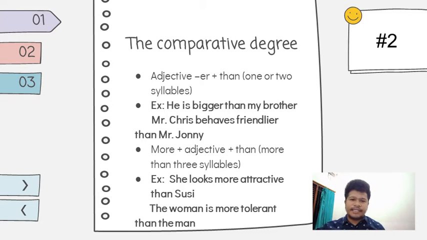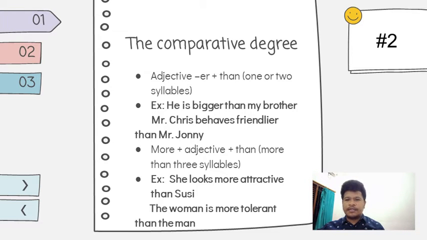And again, we can see the principles here. Adjective plus r plus than for the adjective words or adverb that only have one or two syllables. For example, he is bigger than my brother.